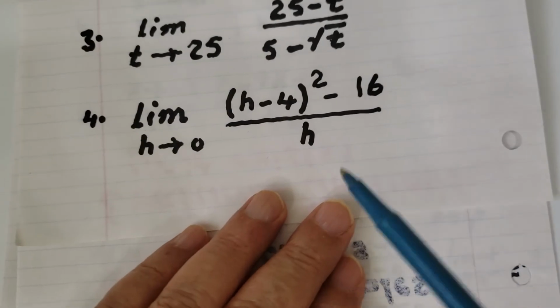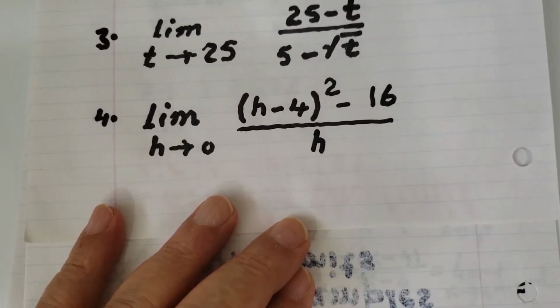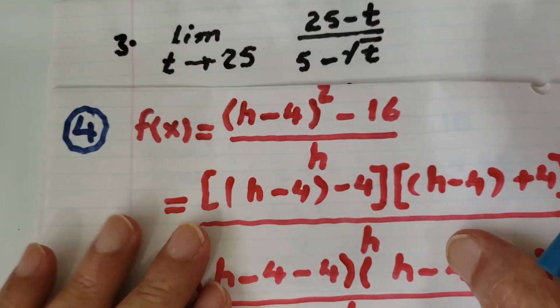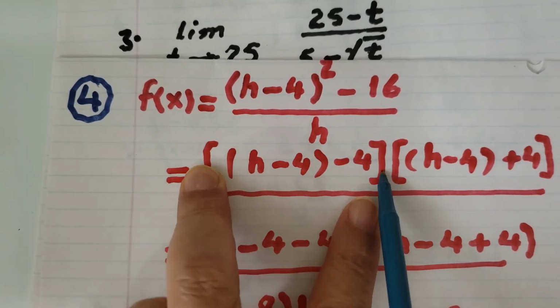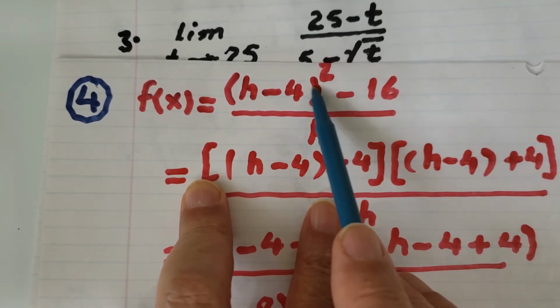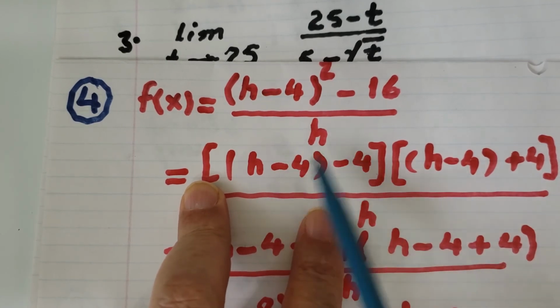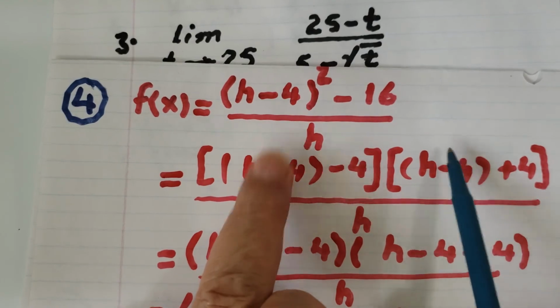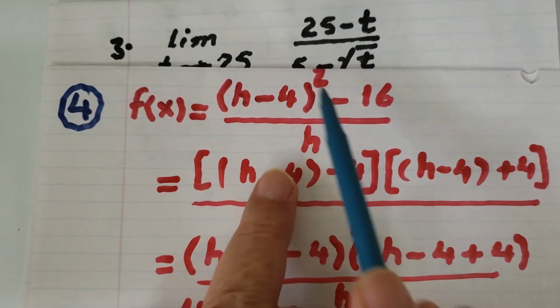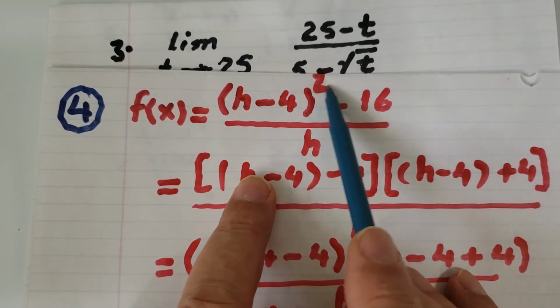It can be written as h minus 4, h minus 4, because when we multiply those together, it will give me h minus 4 squared.